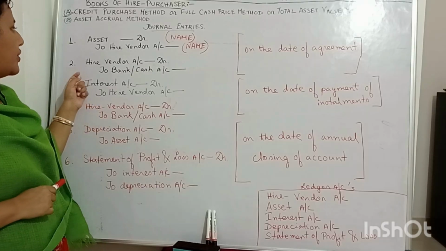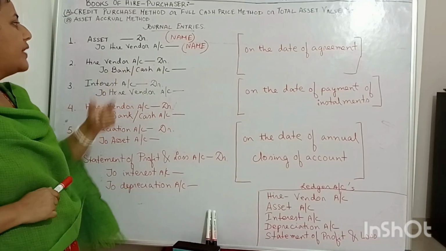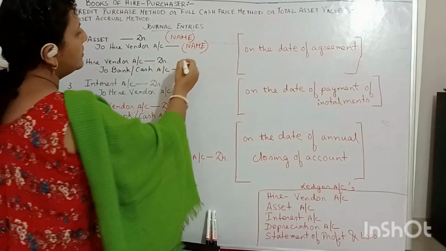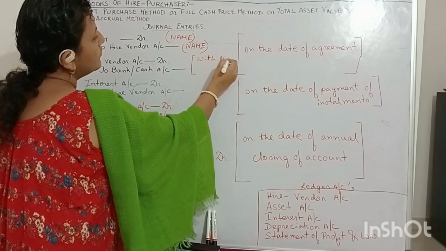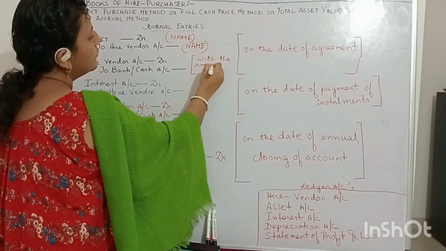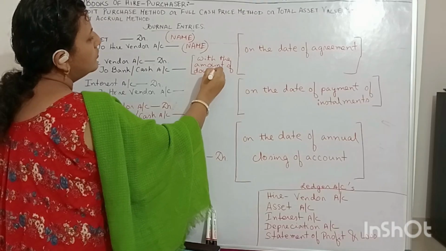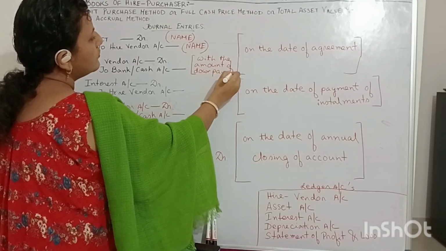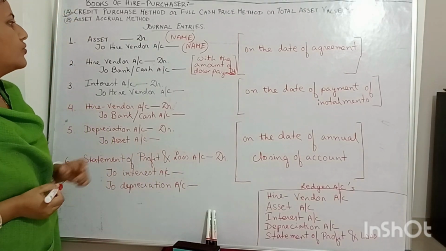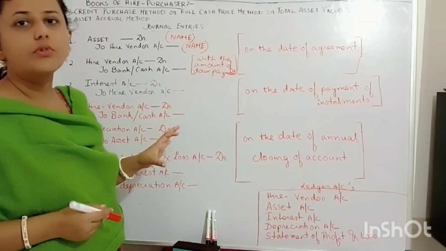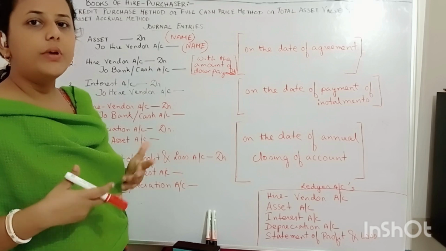Now you see point number 2. The next journal entry is hire vendor account debited to bank or cash account, with the amount of down payment. When the asset is purchased, it is not taken by the hire purchaser without paying anything.